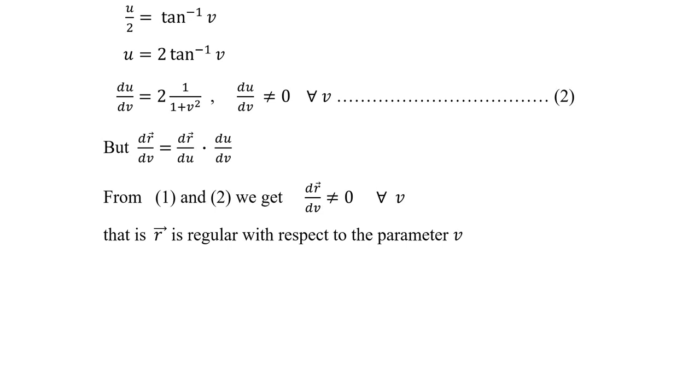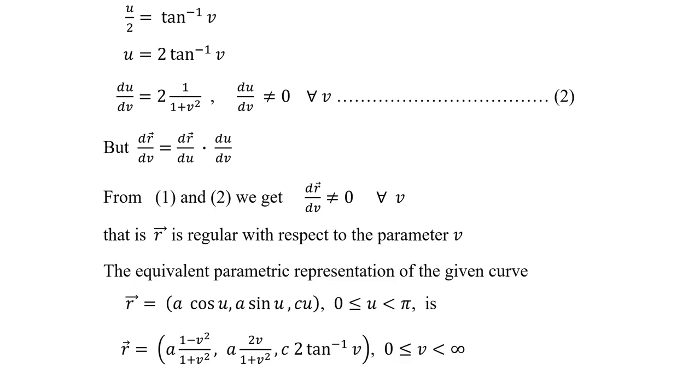Therefore the equivalent parametric representation of the given curve is R vector equal to a into 1 minus v square by 1 plus v square, a into 2v by 1 plus v square, c into 2 tan inverse v, where v lies between 0 and infinity.